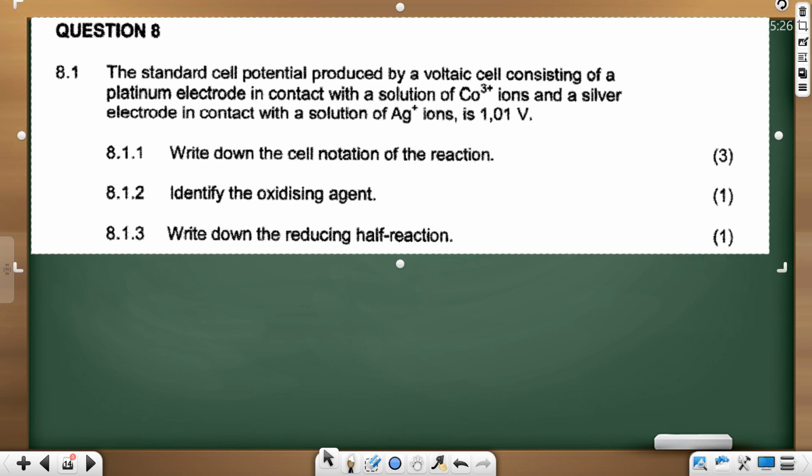The standard cell potential produced by a voltaic cell consisting of a platinum electrode in contact with a solution of cobalt ions, and the silver electrode in contact with silver ions, is 1,01 volts. All right, so this is what the examiner has done.